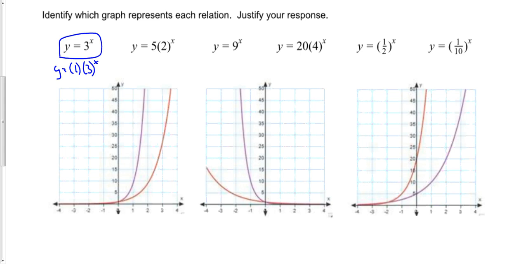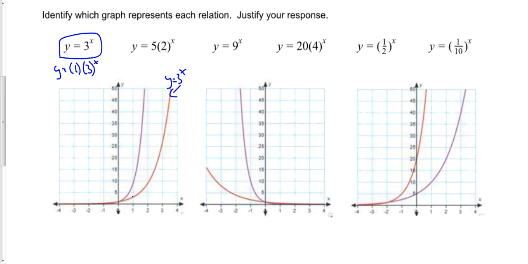It also says that my b value is 3. If I substitute 1 in for x, 3 raised to the exponent 1 gives me that point right there, which means this red graph is y equals 3 to the x.